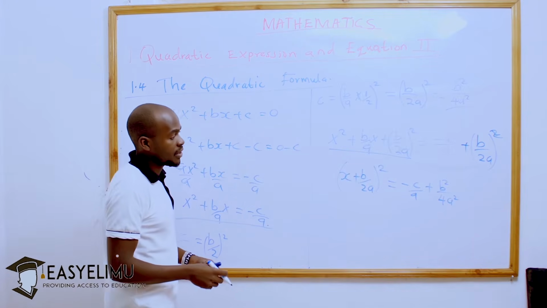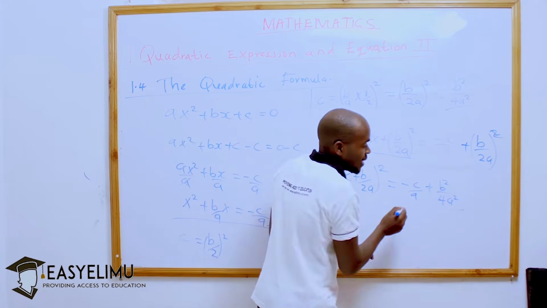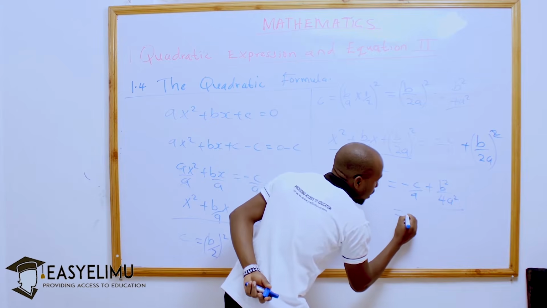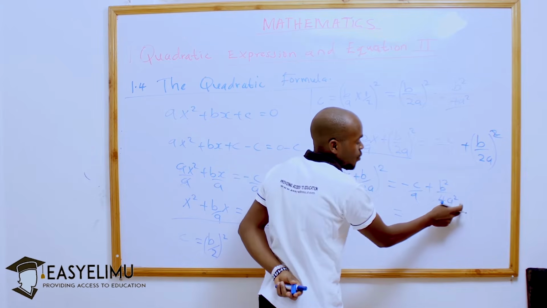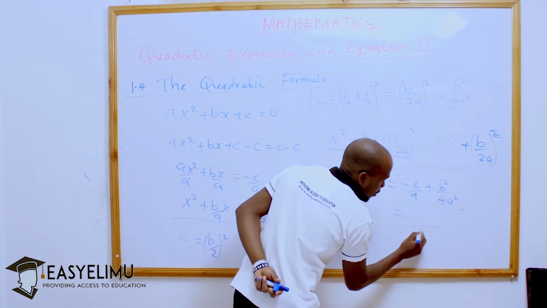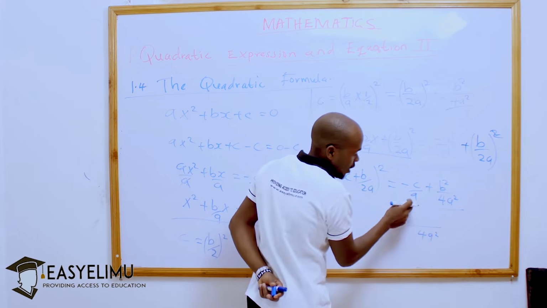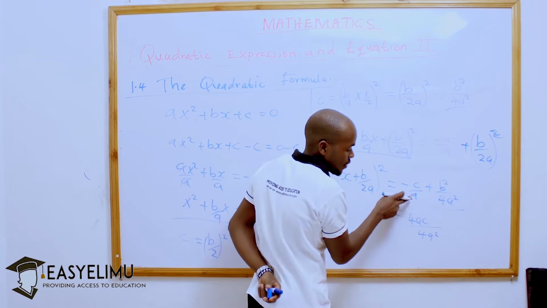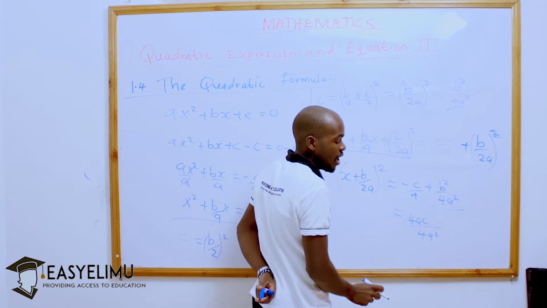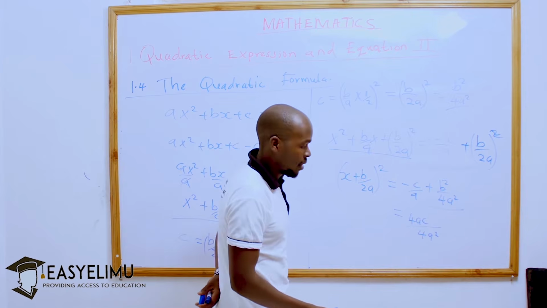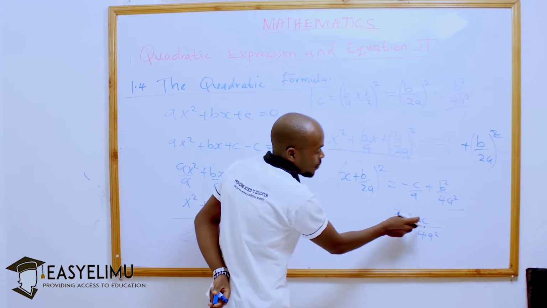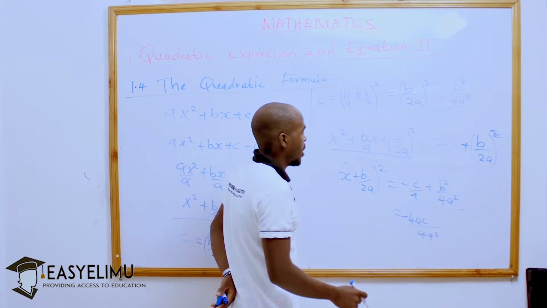Let's first deal with the right hand side. The LCM of the two denominators is 4a squared. So the first term gives negative 4ac, because a squared into 4a squared gives 4a, and multiplied by c it gives negative 4ac.